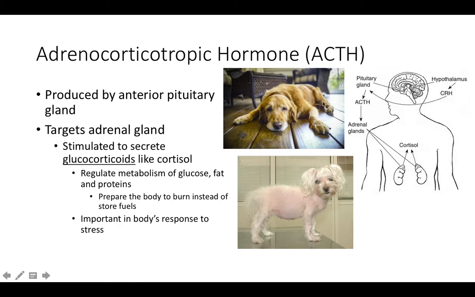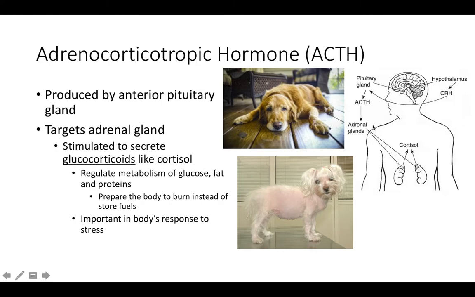Okay, so this dog here has something called Addison's disease. And in Addison's disease, for most of the time unknown reasons, the production of ACTH declines. Okay, so this adrenocorticotropic hormone is really depleted in their circulatory system.